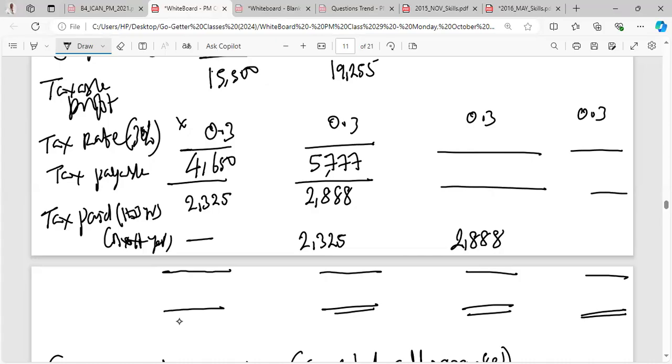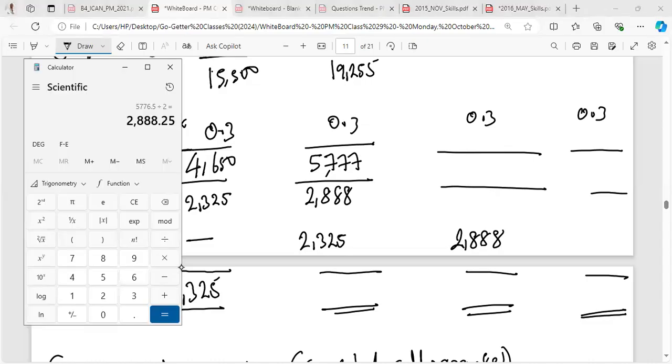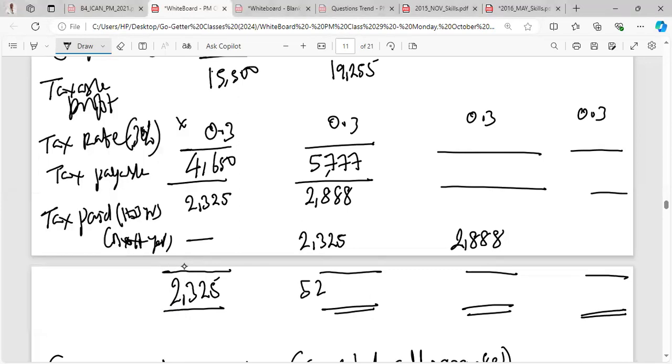And let's just sum this one up and put them where it belongs. 2,888 plus 2,325 is 5,213.